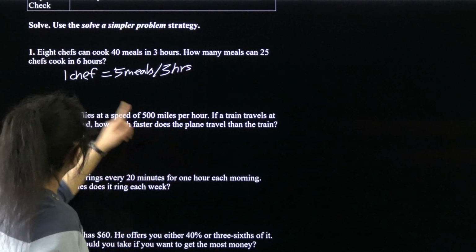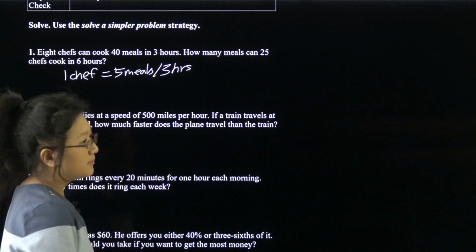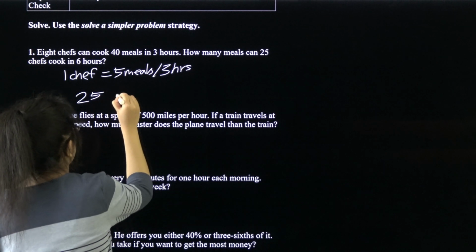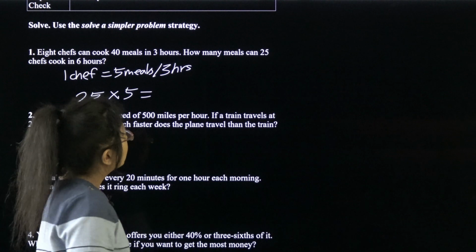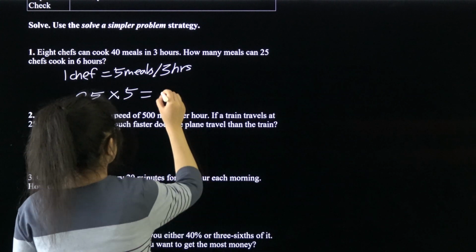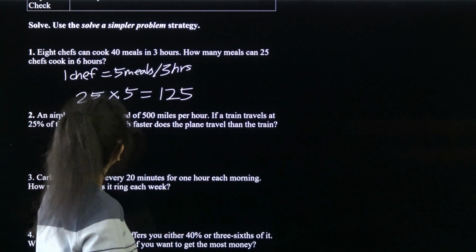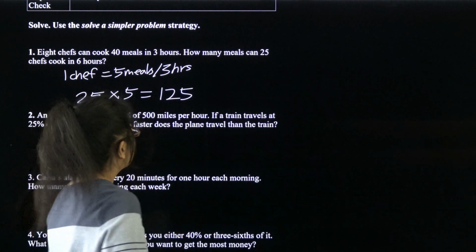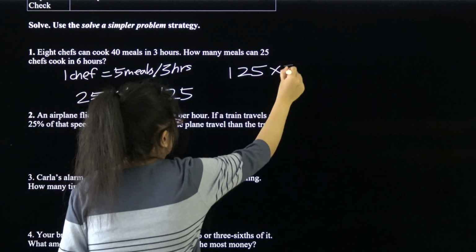So how many meals can 25 chefs cook in 6 hours? Well, 25 times 5 is equal to how many meals 25 chefs can cook in 3 hours. So that would be 125 meals, but that's for 3 hours. How many 3 hours are in 6 hours? 2. So that would also be 125 times 2.